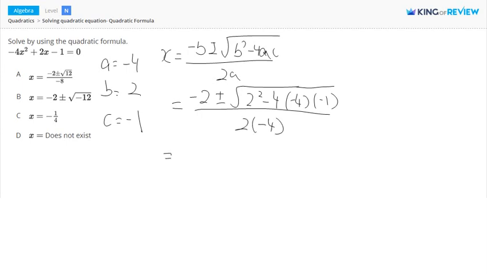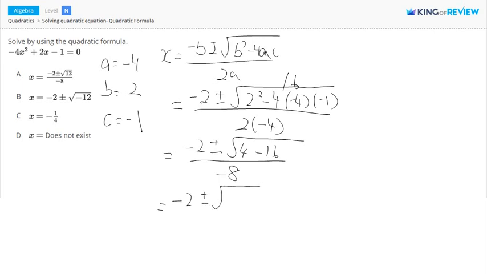So this is equal to negative 2 plus or minus the square root of 4, minus negative 4 times negative 1, which is 16, which is negative 16, over negative 8. And that's equal to negative 2 plus or minus the square root of negative 12, over negative 8.